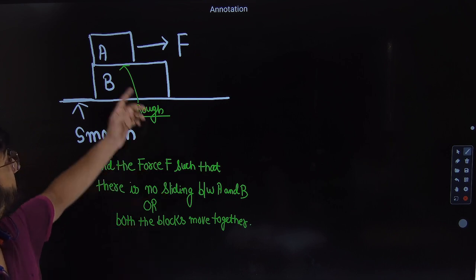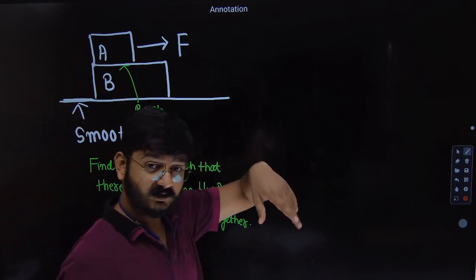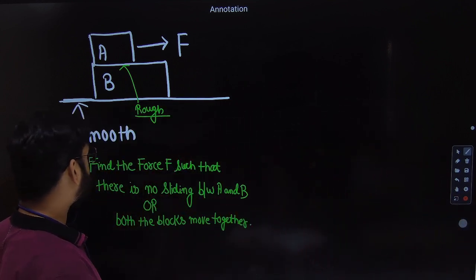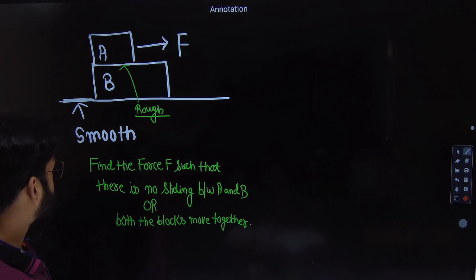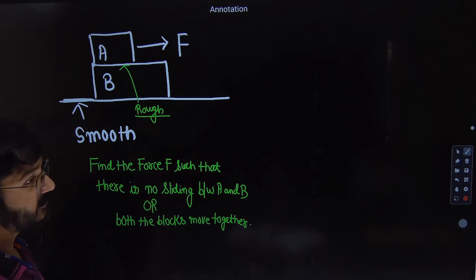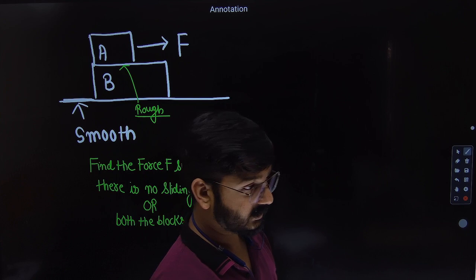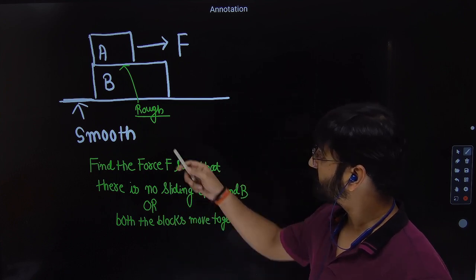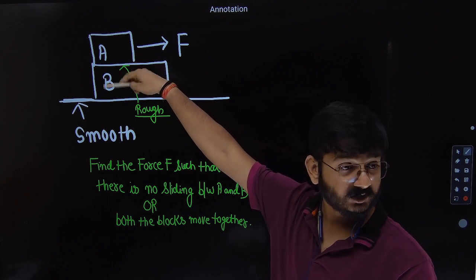The force is applied on A, it's written, right? The second part is the opposite: it is applied on B. So this is a very common question. Let's discuss this. We'll draw the free body diagram first. You understood the meaning of the question: no sliding means both of them are moving together.